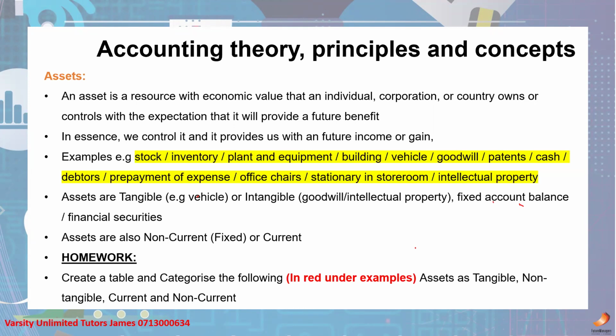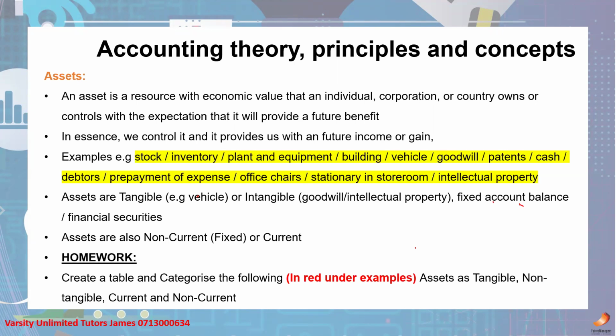But if you were to buy stationery for your business, some pens, that you want to use, you expect to use those assets maybe within 1 year. So they no longer are considered long-term assets.